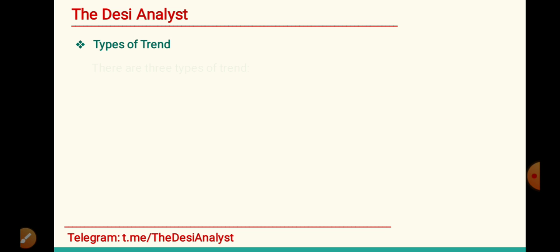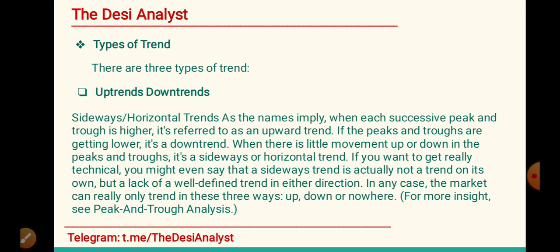Types of trend. There are three types of trend: uptrends, downtrends, and sideways or horizontal trends. As the names imply, when each successive peak and trough is higher, it's referred to as an uptrend. If the peaks and troughs are getting lower, it's a downtrend. Where there is little movement up or down in the peaks and troughs, it's a sideways or horizontal trend.